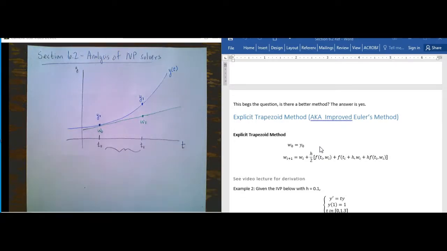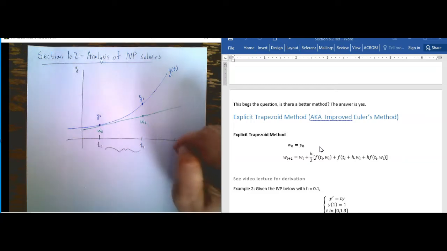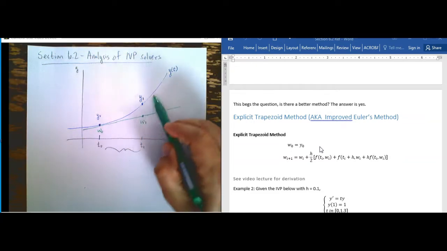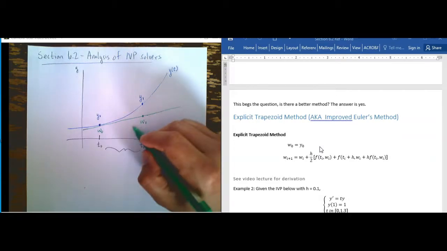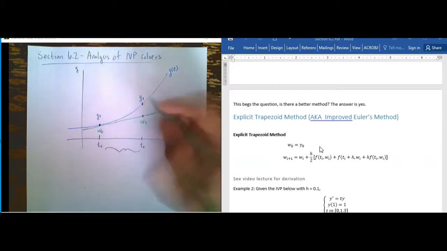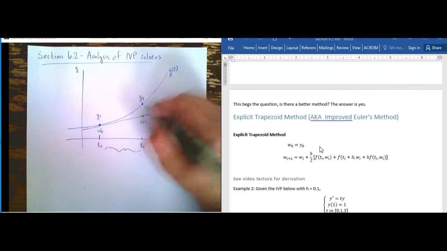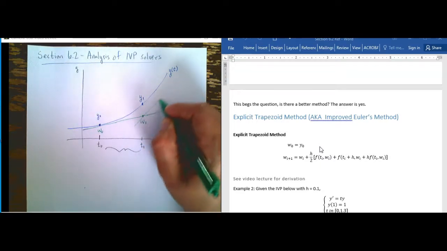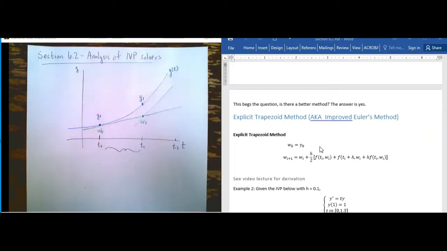And then if we had a t2 over here, we would do it again. We would use the slope of the curve itself to generate another tangent line. Let's try to make it parallel here. Another tangent line to approximate at t2.